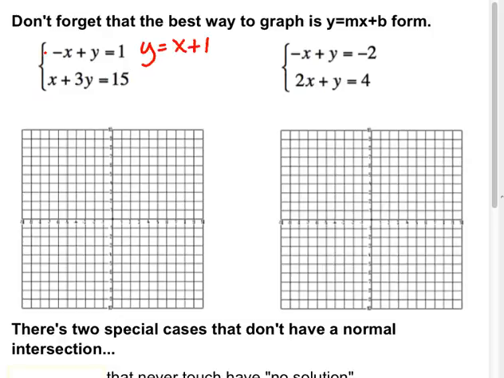Now y is by itself, and I can graph that line. Start with my y-intercept of +1, slope of 1 over 1, so up 1 over 1, and I get my line. As always, extend as far as you can to keep your line as straight as possible.